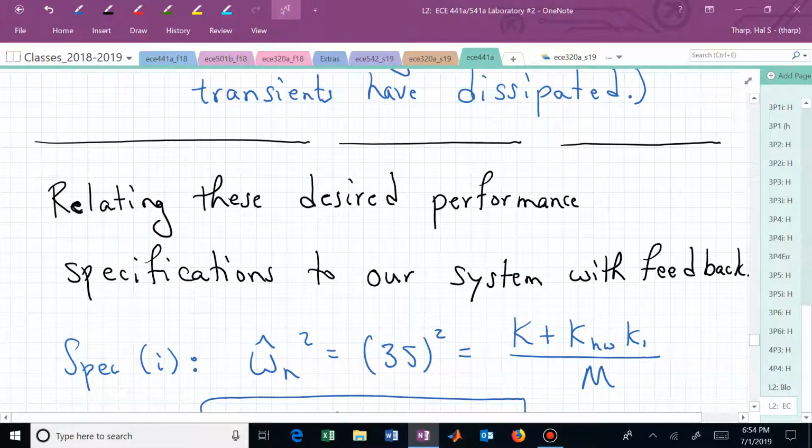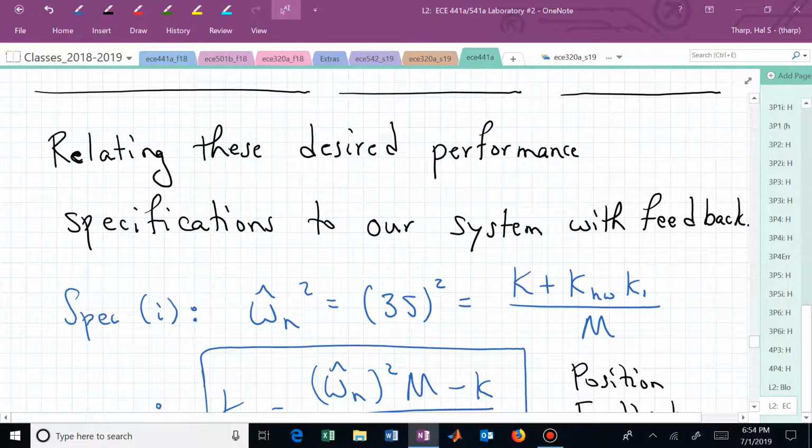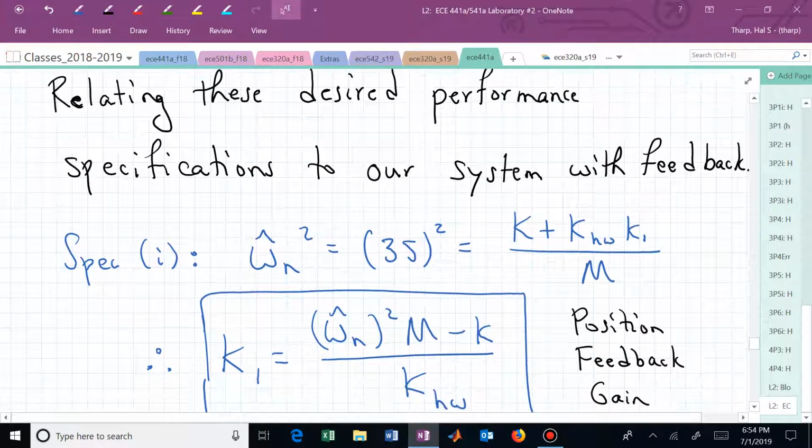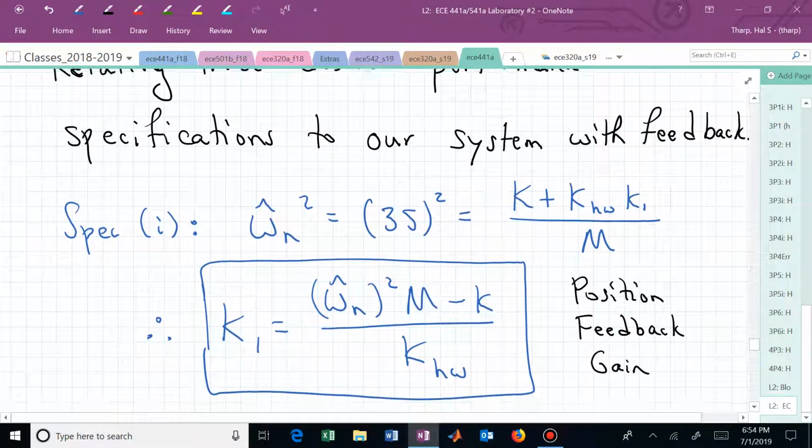If we now connect these desired performance specifications to the system that we have with feedback, then you can see that that constant term in the denominator with feedback is k plus k hardware k1 over m, but in the standard notation that's the square of the natural frequency, and if we wanted a natural frequency of 35, we just equate those two terms.